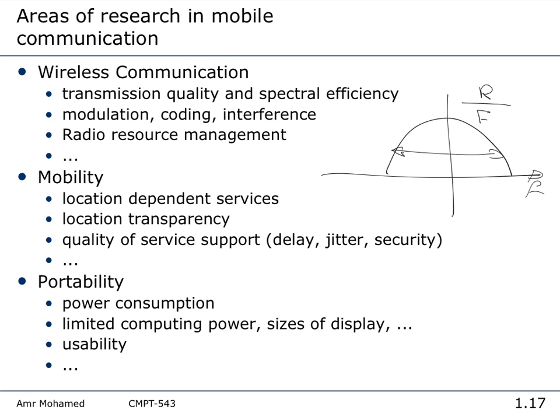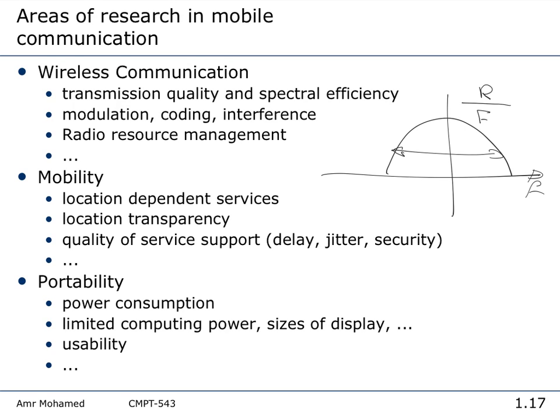Nowadays they are talking about very, very high spectral efficiency in 4G and 5G. Using the same bandwidth, which is around 20 megahertz, the typical bandwidth of the wireless signal nowadays, you can send 300 megabits per second. That's huge, and that requires really sophisticated modulation schemes, encoding schemes, and so on.